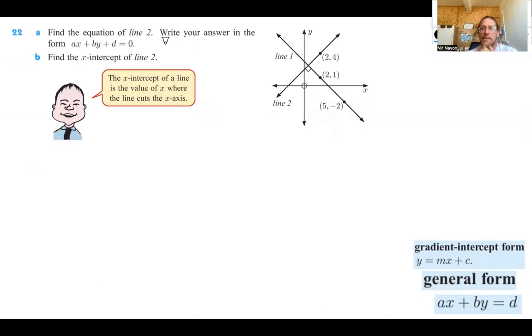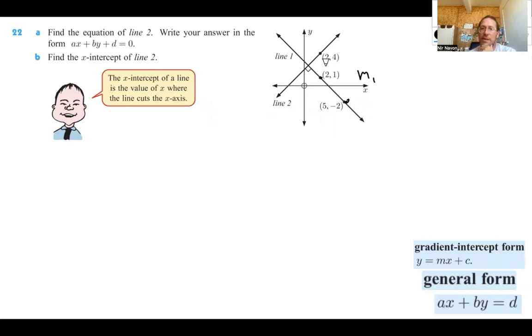Find the equation of line 2, write your answer in the given form. This looks like an IB question where you show the working, but you give your answer in a certain form according to the instruction. So if we need to find line 2 and we have line 1, I see in line 1 I have 2 points, so I can already find the gradient of line 1.